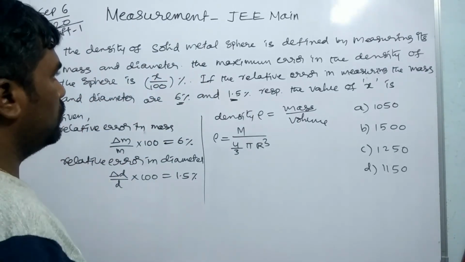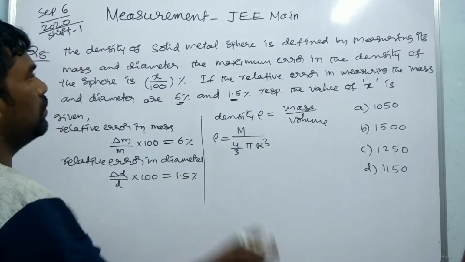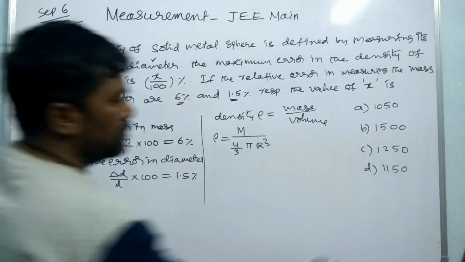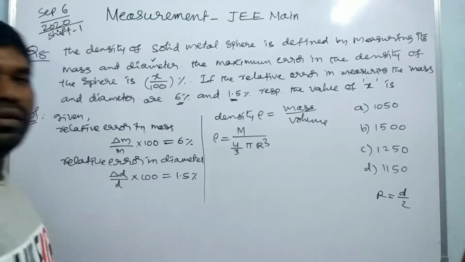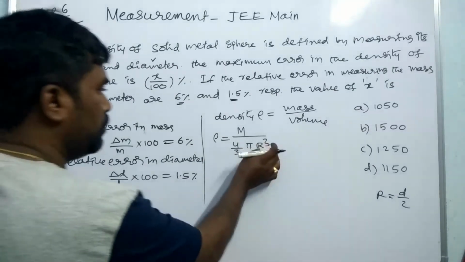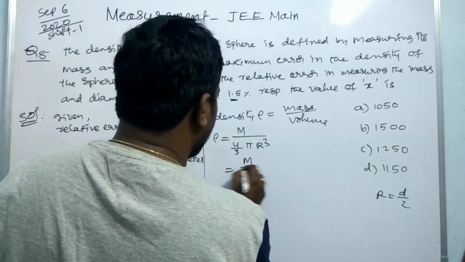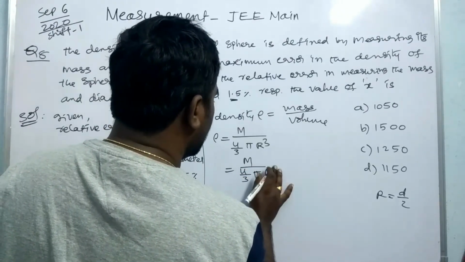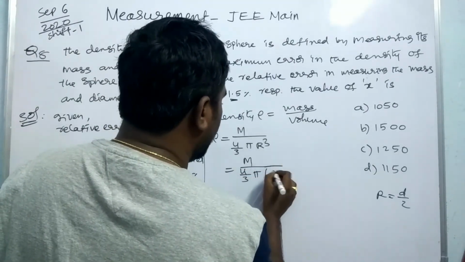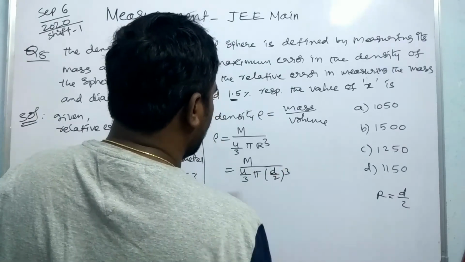They have given us the diameter, so radius r is equal to diameter by 2. Just keep that in mind. So rho is m by 4 by 3 pi into d by 2 whole cube.